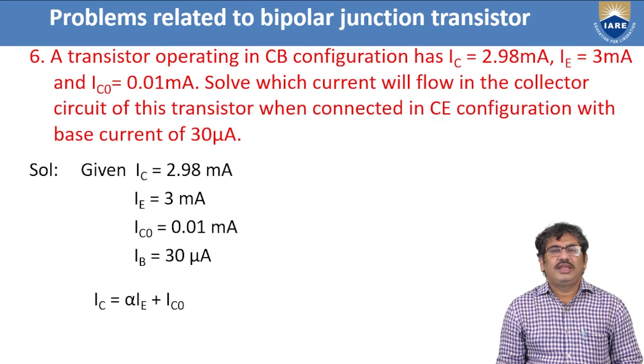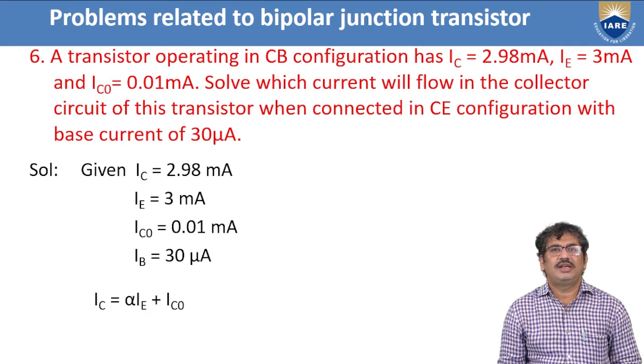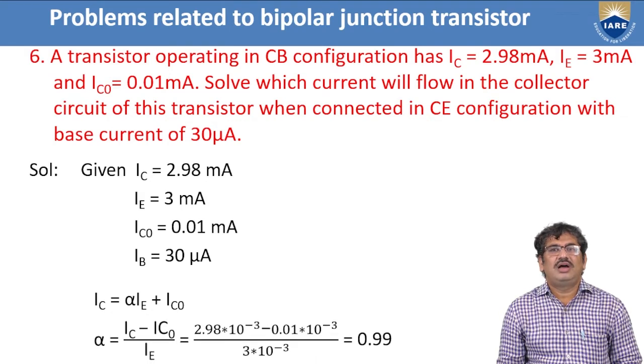As we know, in common base configuration, the collector current can be expressed in terms of the input emitter current and the reverse collector current as IC is equivalent to alpha times IE plus ICO. In the problem, IC, IE and ICO are all given, so we can estimate alpha as alpha is equivalent to IC minus ICO divided by IE.